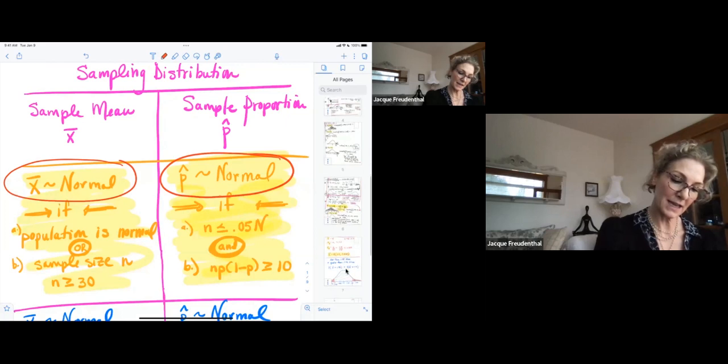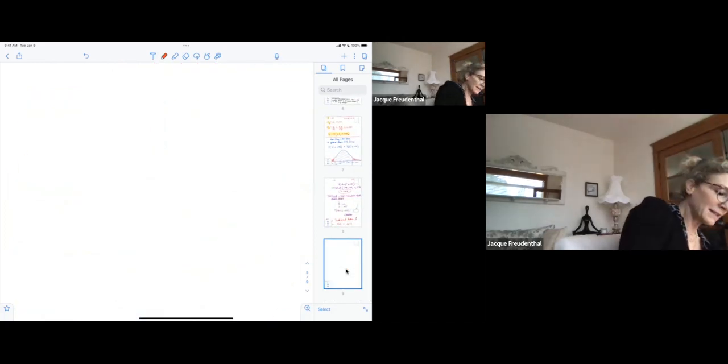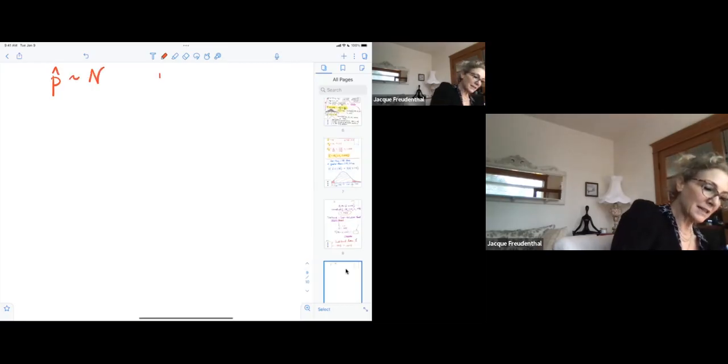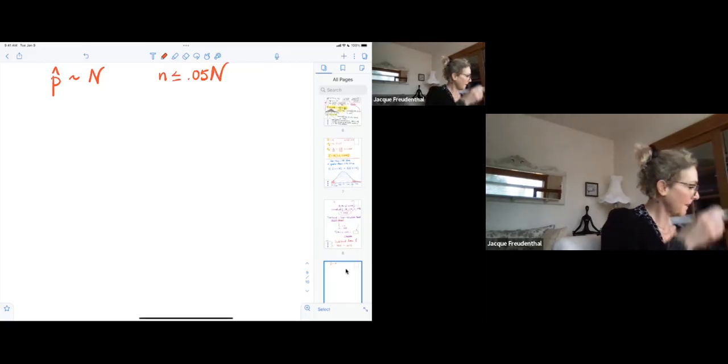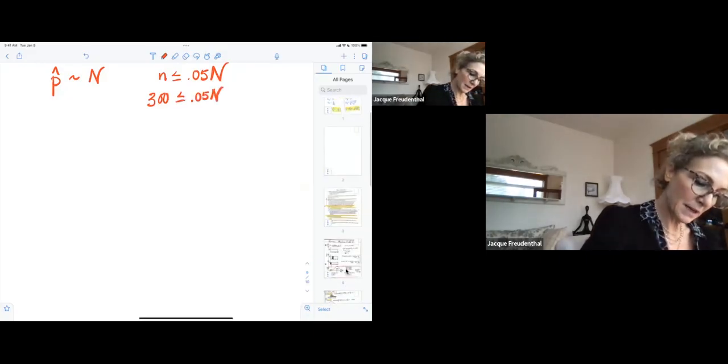All right, so let's go back here to the first page. We're trying to find, does p-hat follow a normal model? And we're going to check that the sample size is smaller than 5% of the population. So 300 was in the sample. Okay, so I'm going to go back to the problem again.